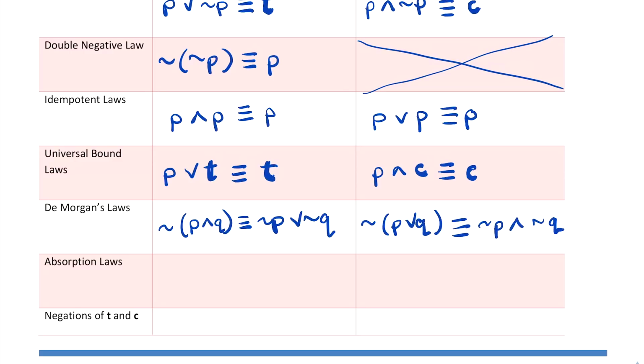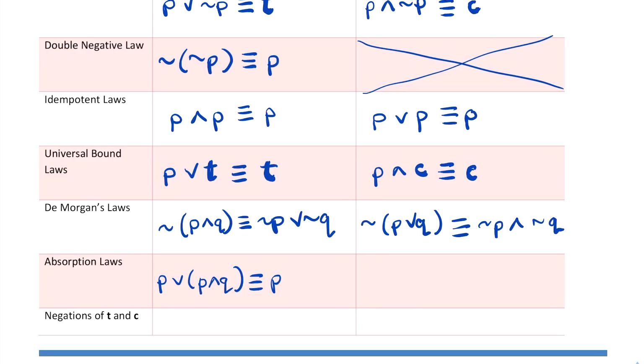All right, absorption laws. So if you have P or P and Q, turns out that's logically equivalent to P. That'll be useful in proofs.